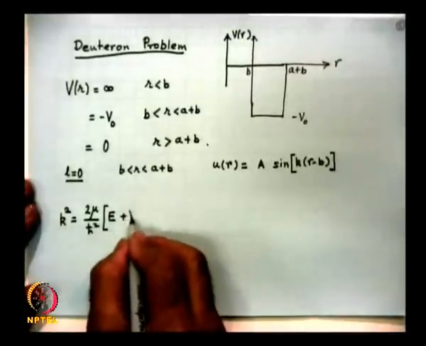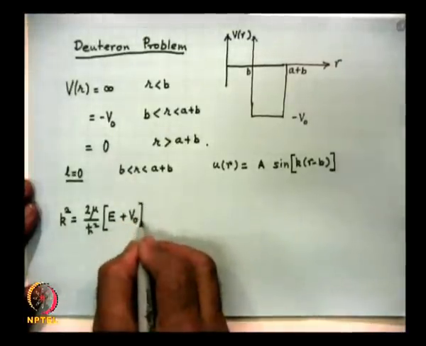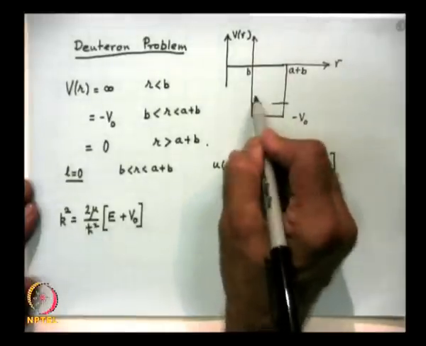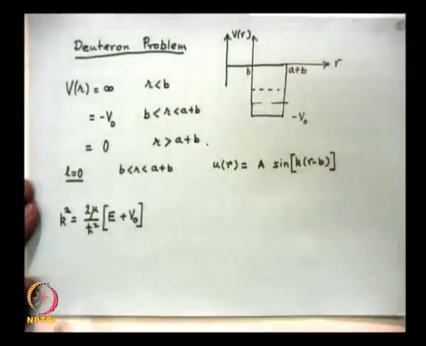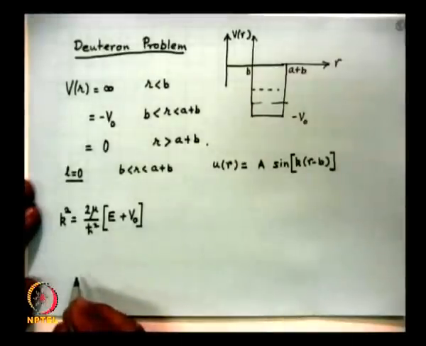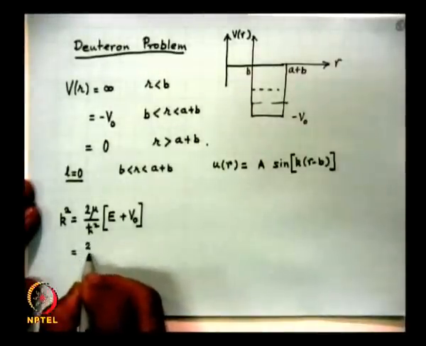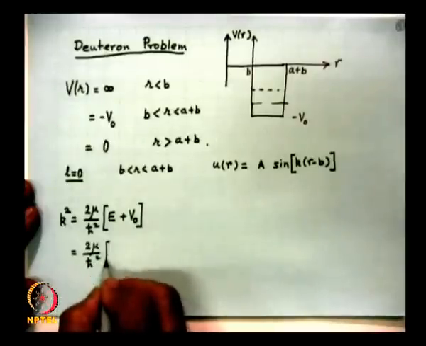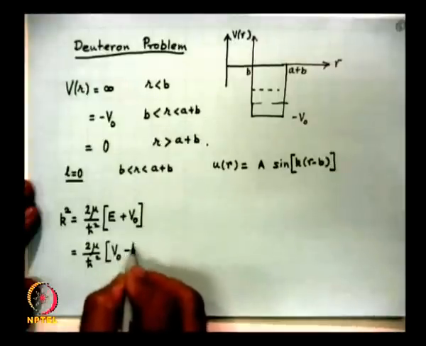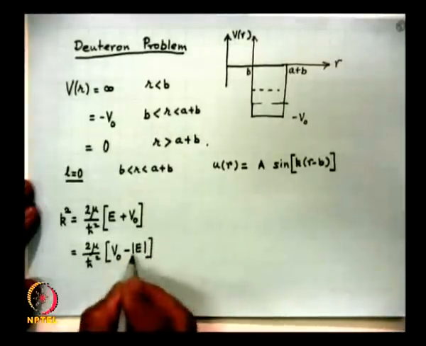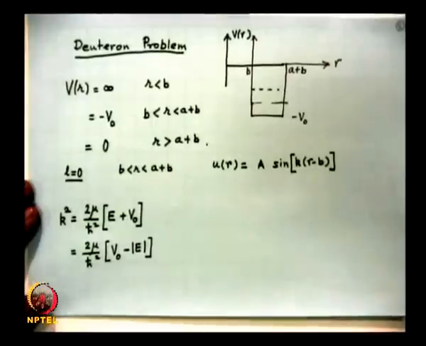So, it is V 0 plus E, but we are considering the bound state problems. So, the discrete energy will lie somewhere here. So, the energy itself will be negative. So, therefore, we write this as 2 mu by h cross square into V 0 minus modulus of E. And when we find out modulus of E, we will remember that E itself is a negative quantity.